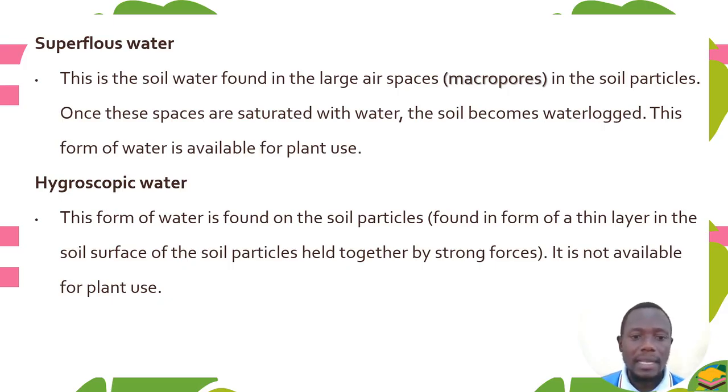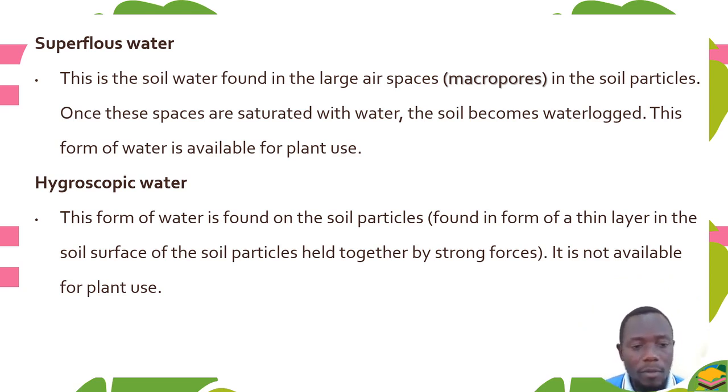This superfluous water is also available for plant use, but once the pores are full of water, the plants cannot absorb it, and that's when the soil becomes waterlogged.